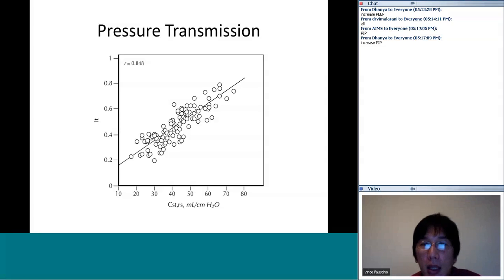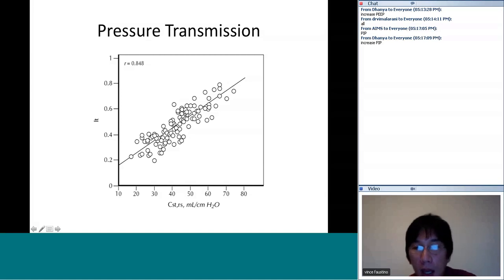And this diagram actually summarizes that. Your y-axis is the amount of pressure transmission, and your x-axis is the compliance of the lungs. So what it says is the more compliant your lungs are, the higher the pressure transmission. However, if your lungs are very non-compliant, then only a small percentage of the pressure is going to get transmitted.